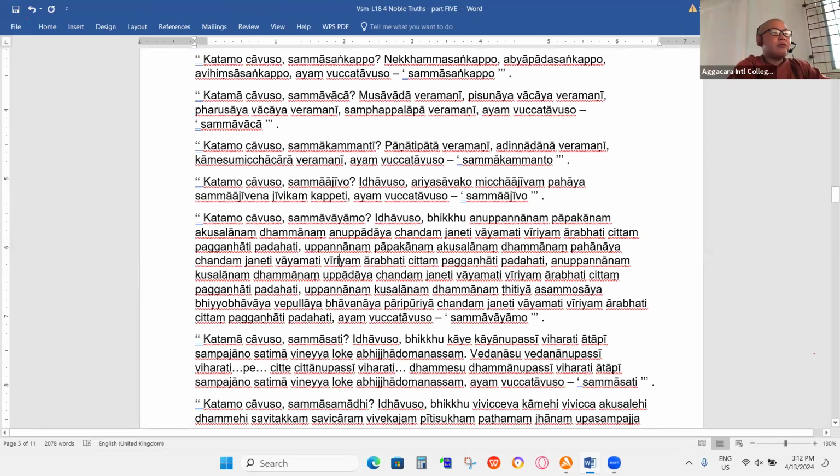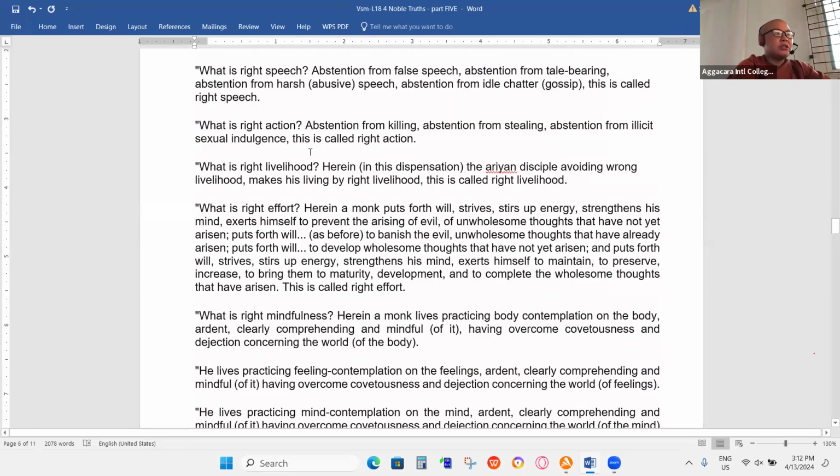Then after that, it is followed by Samma Vacha, Samma Kammanta, Samma Ajiva. Samma Vacha is right speech. Samma Kammanta is right action. Ajiva is right livelihood. I think most of you know this. So we see the English translation, right? Right speech.